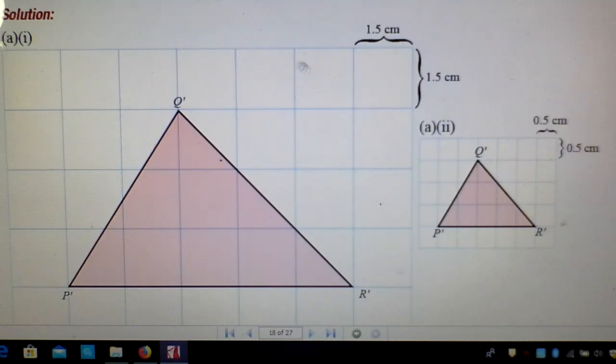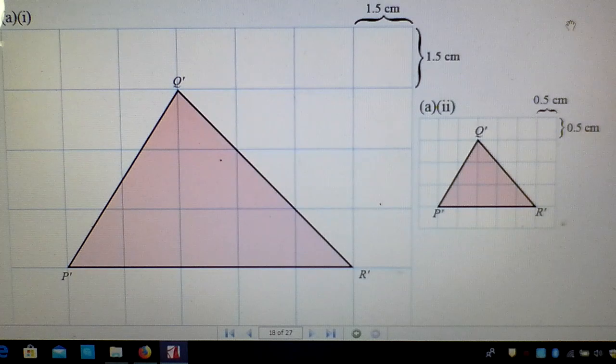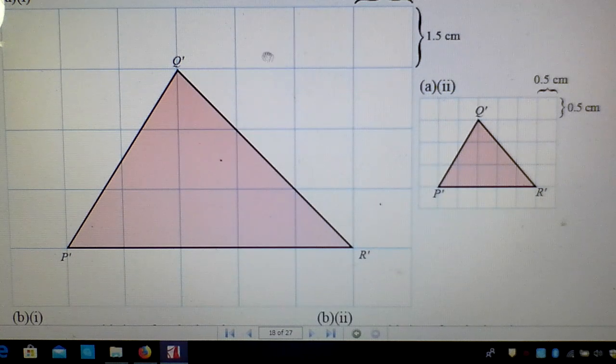Look at the solution for this one. Okay, the first one, we change to grid paper of size 1.5 times 1.5. So we get this size. We change to grid 0.5 times 0.5, so we get this one. Okay, so you can check the size of the side.